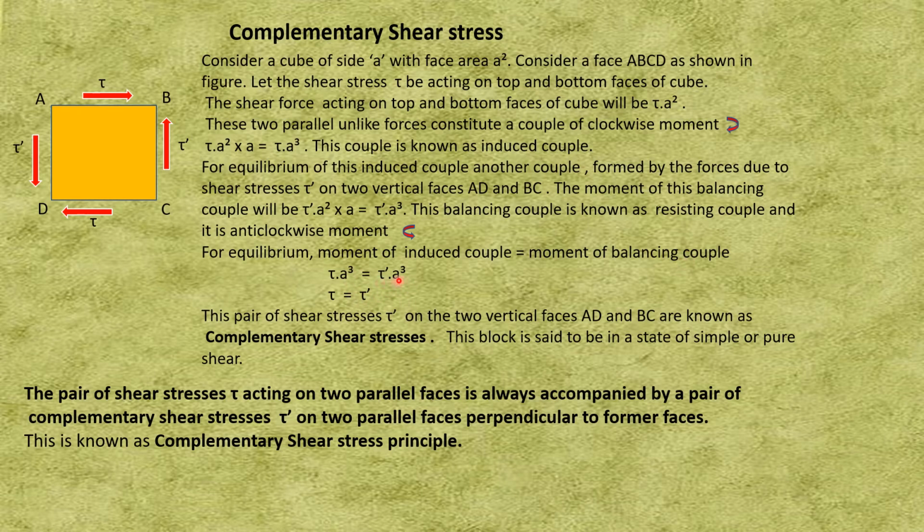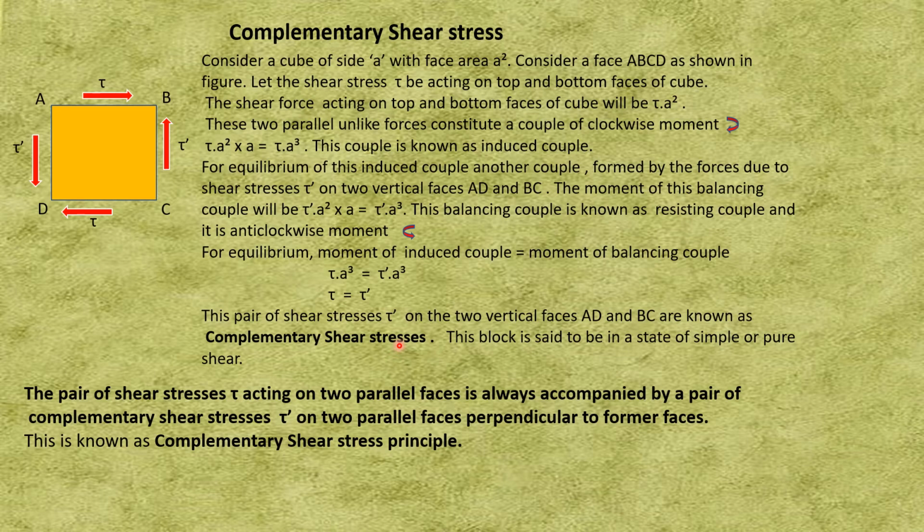If a cube gets cancelled, then tau must be equal to tau dash. This pair of shear stresses tau dash on two vertical faces AD and BC are known as complementary shear stresses. This block is said to be in a state of simple or pure shear.